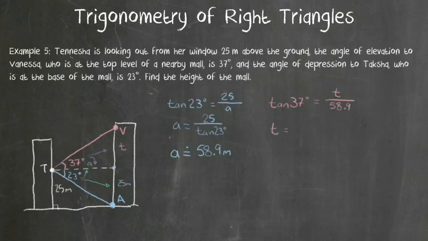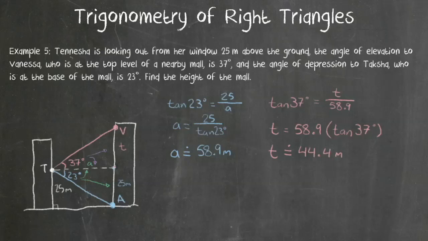To isolate T, we multiply both sides by 58.9. So T will equal 58.9 times the tangent of 37. We punch all of this into our calculator, and we get a value for T of approximately 44.4 meters. This doesn't represent the height, though.